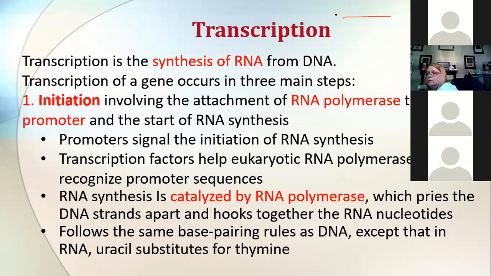So let's say it's your DNA, and this is the sequence: adenine, cytosine, guanine, thymine, adenine, cytosine, guanine, thymine. If this is the sequence of DNA, then the cell makes a complementary RNA strand. In this case, this is called messenger RNA or mRNA.